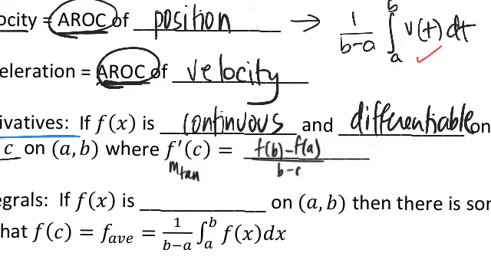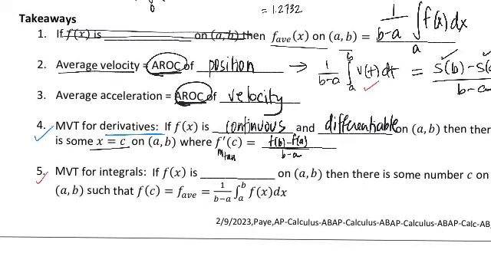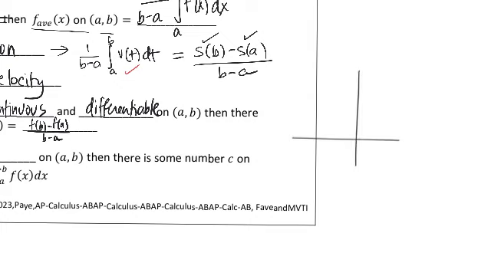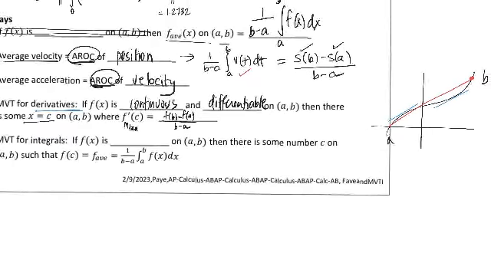So f prime of c is equal to f of b minus f of a over b minus a. That's all about saying if you have a graph from A to B, then the slope of the secant line from A to B will be matched by the tangent line slope at least once along the way, okay?